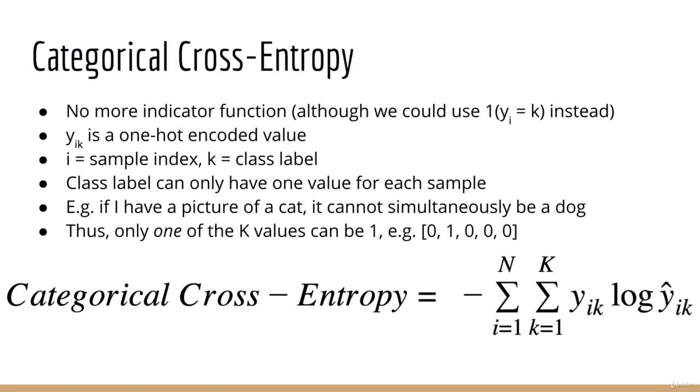It can't be 6 and 3 at the same time. As another example, if I have a picture and I'm classifying what type of animal it is, it can only be 1 type of animal. If it's a picture of a cat, it cannot simultaneously be a picture of a dog. Therefore, only one of the k values can have a 1 representing the target. The rest of the values must be 0.